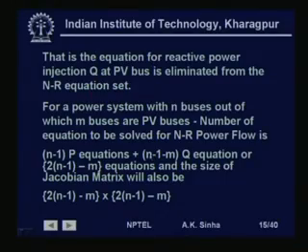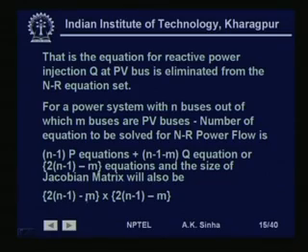So, we do not have to find them out. So, the total number of state variables or unknowns which we need to find is n minus 1 plus n minus 1 minus m. That is, we have 2 n minus 1 minus m equations for our system, and we have 2 into n minus 1 minus m set of unknowns.